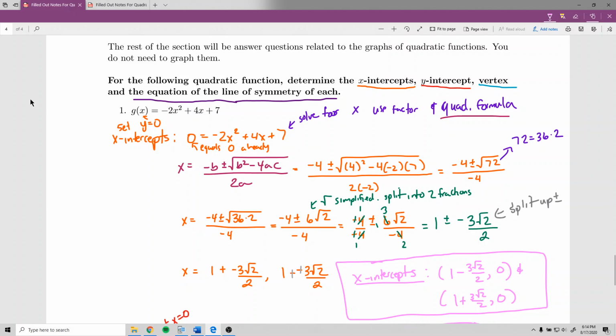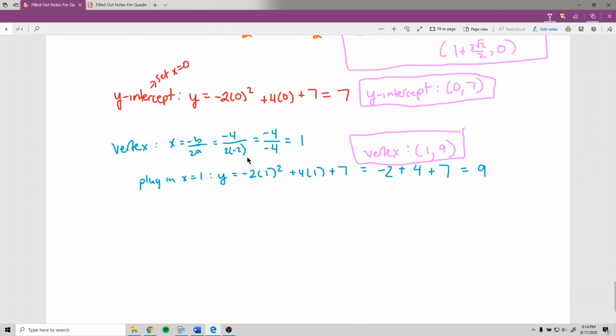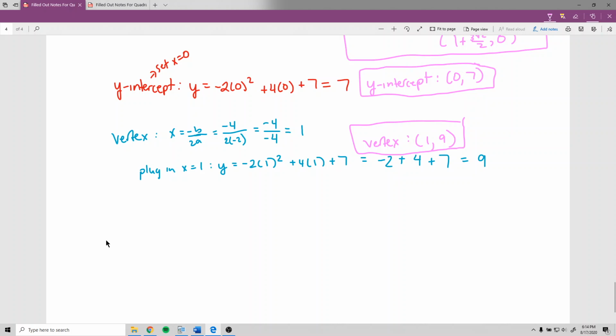And finally, the last thing is the equation of the line of symmetry. There's only one line of symmetry. And the line of symmetry, remember, if you found the vertex, you found the line of symmetry, it's x equals 1, but you need the x equals part.